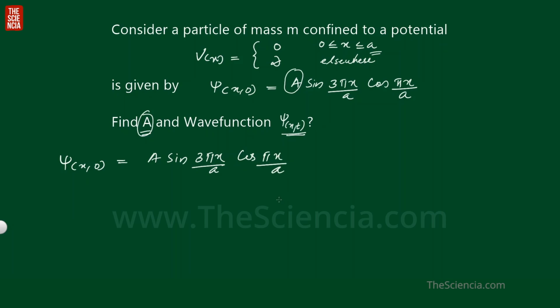Here there is a problem. We are not familiar with a wave function which is a product of two functions. See, this is one sine function and this is a cos function. Here the wave function is a product of sine and cos. When we discuss the wave function of a particle in a 1D box, there will be two cases.